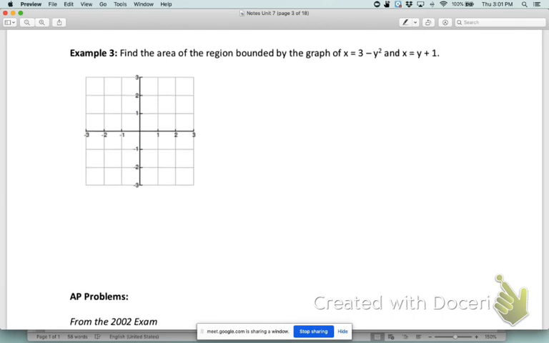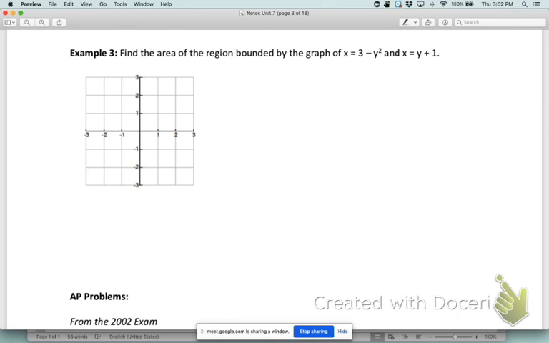So this first one here, we want to find the area of the region bounded by the graph of x equals 3 minus y squared, and x is equal to y plus 1. Now, the first thing is that if you want to use your graphing calculator to graph this, you have to solve the equation for y, because you can only enter y equals into your graphing calculators.